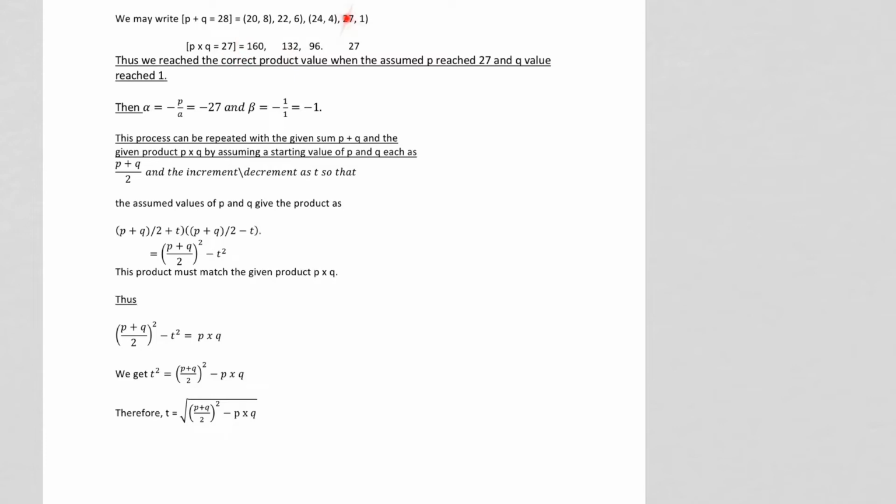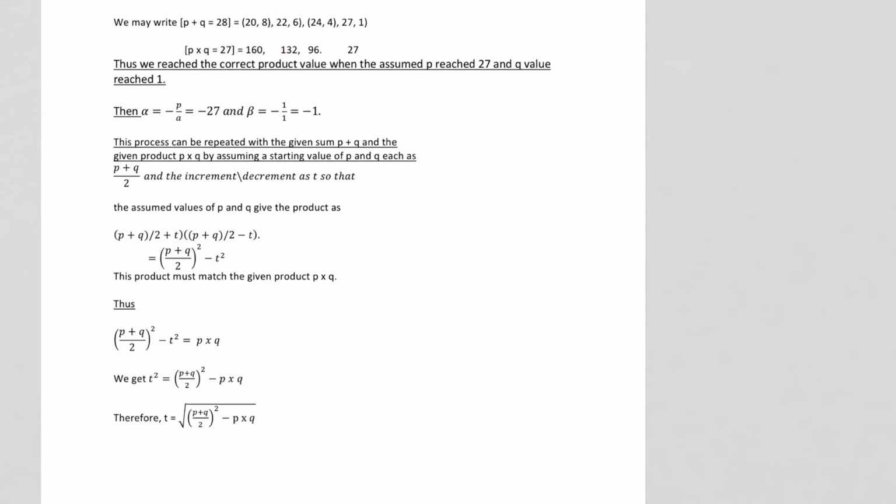So this value of p and this value of q are the acceptable values, or true values, of p and q. Now using these true values of p and q, we can find alpha as minus p by a equal to minus 27 and beta as minus q by a equal to minus 1.